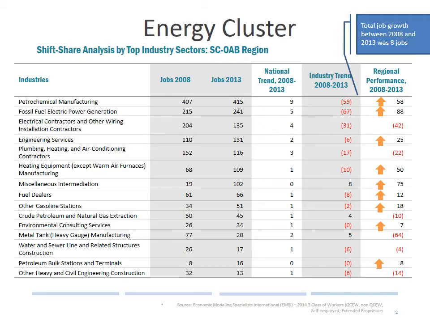Thus, the aggregate effect should have been negative 50. However, we saw that the number of jobs actually increased by 8, so the regional performance, or the regional competitiveness effect, is actually 58 jobs. This signifies that there is something specific to that region that caused that particular industry to fare better than expected given the national and industrial trend.